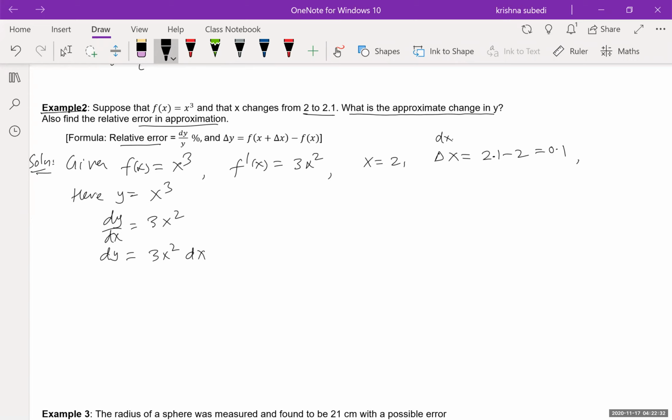Now substituting the values of x and dx, we get dy equals 3 times 2 squared times 0.1. That's 12 times 0.1, which is, I believe, 1.2. Is that right?